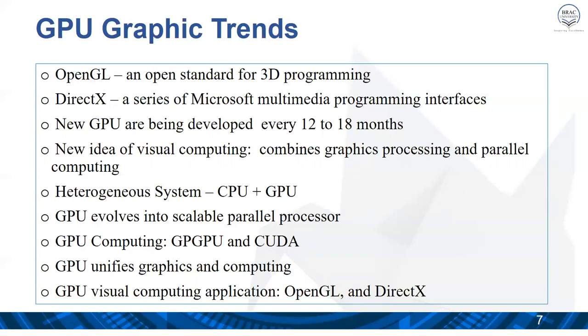That's why GPUs are also moving very fast. New GPUs are being developed every 12 to 18 months. And the new idea of visual computing combines the graphics processing unit and parallel computing. Heterogeneous systems, which are the combination of GPU and CPU, and GPU evolves into scalable parallel processors as well.